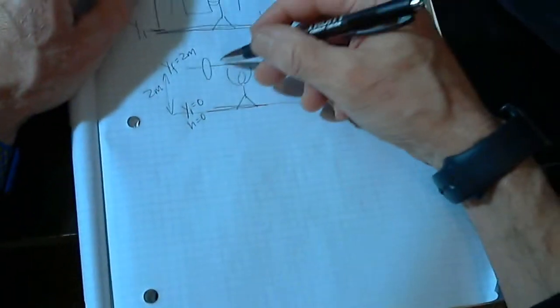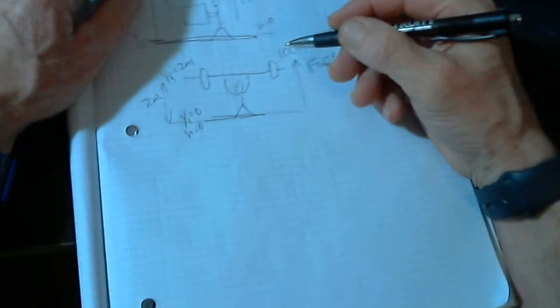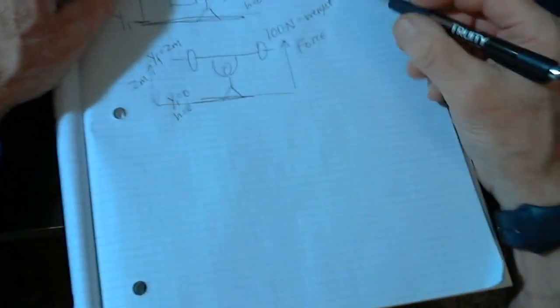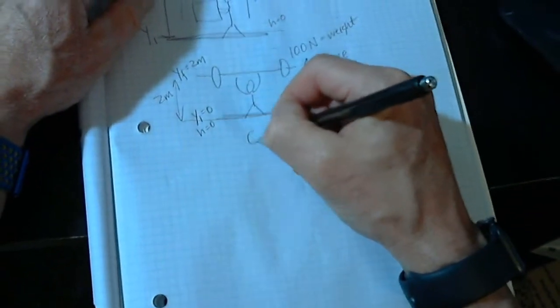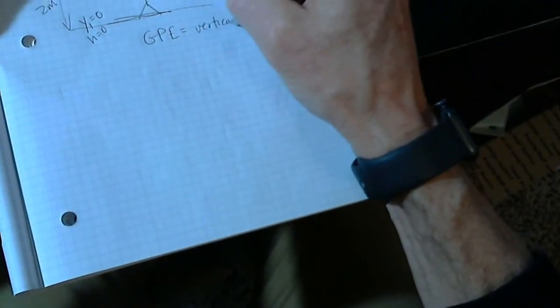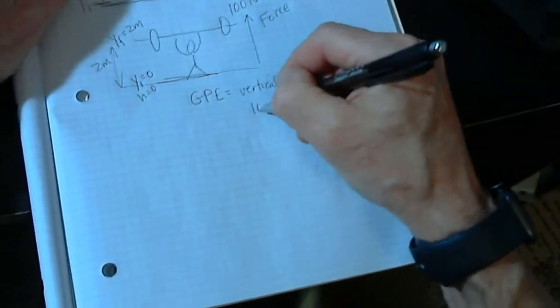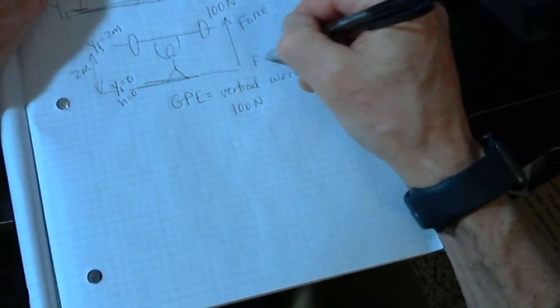So I get the barbell up like that, and now I've given it maximum GPE for that height. So we could say, well, my GPE is going to be equal to my vertical work. But that vertical work is just the force, the weight of the barbell, 100 newtons, times my displacement.